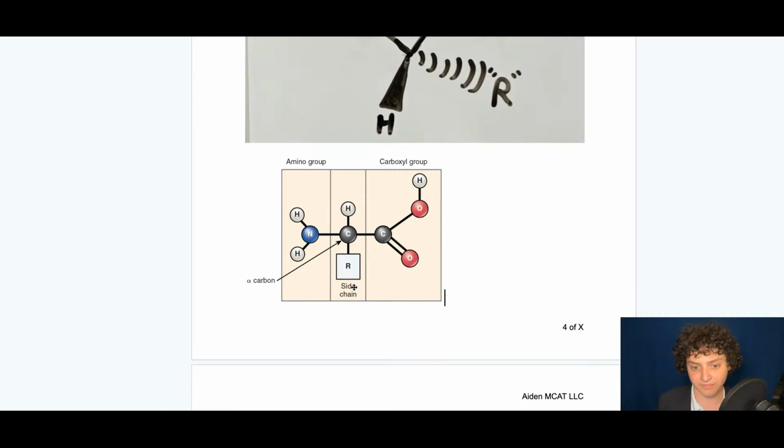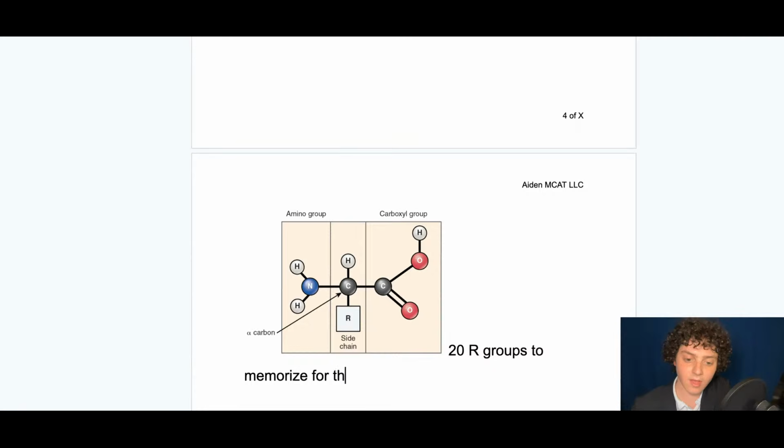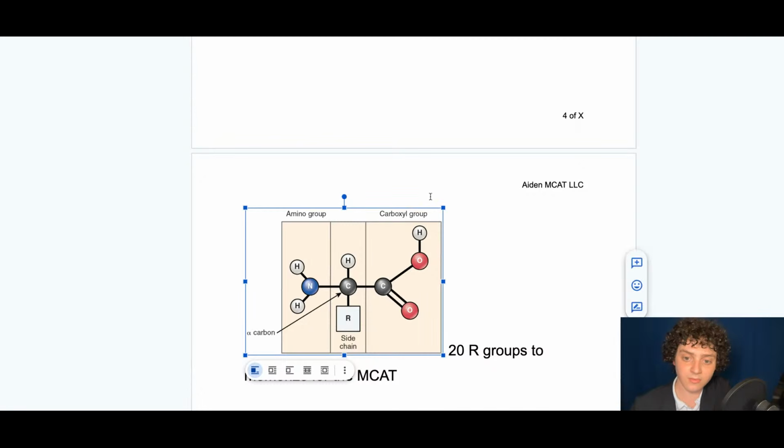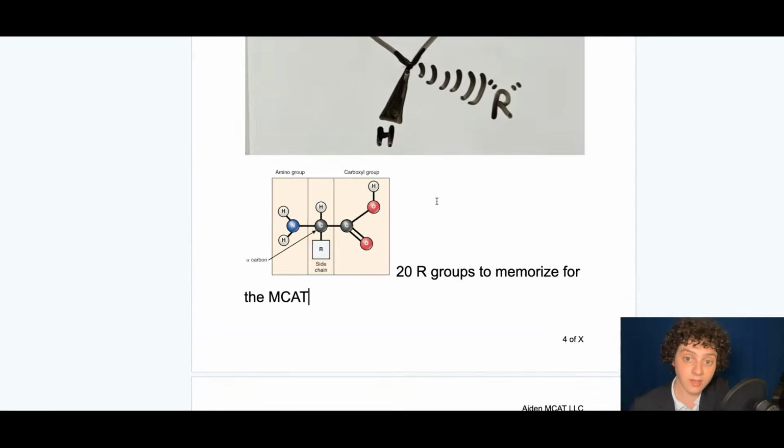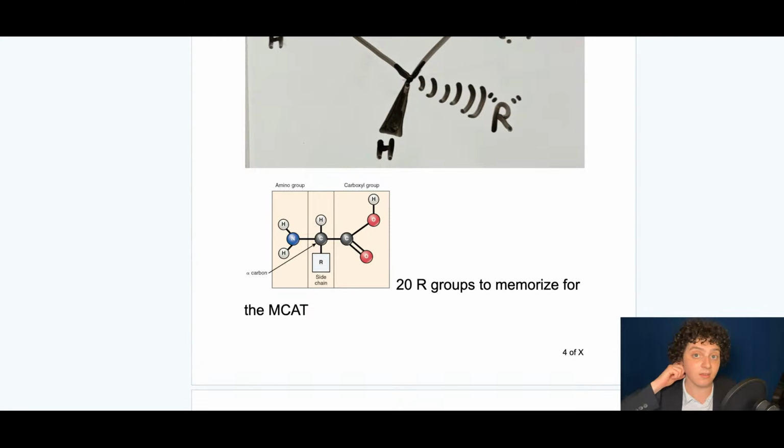So first, the R side chain is so called because one can substitute that group for many different things. Specifically, for the purposes of the MCAT, there are 20 R groups that you need to memorize. Each of these R groups is part of a unique amino acid that has a unique name.